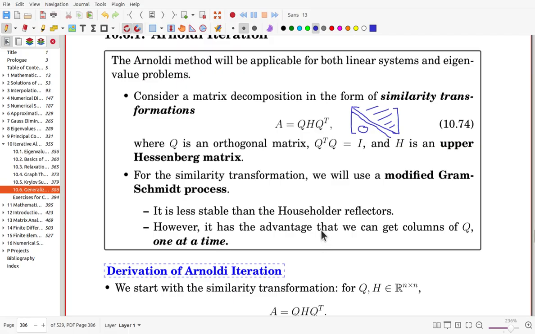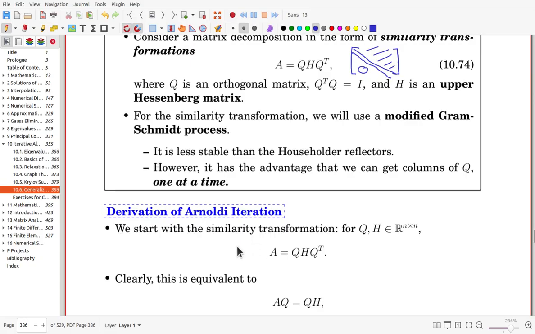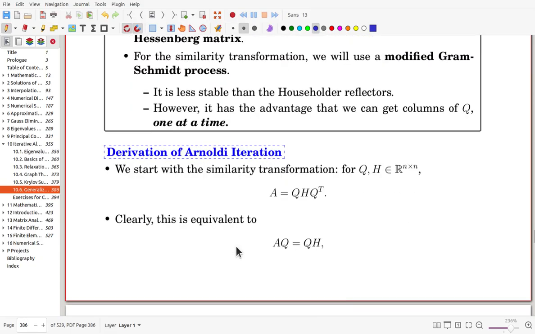Let's see a derivation of Arnoldi iteration. We start with the similarity transformation. A is QHQ transpose. By multiplying Q on the right side in both terms, this will become AQ and that will become QH.